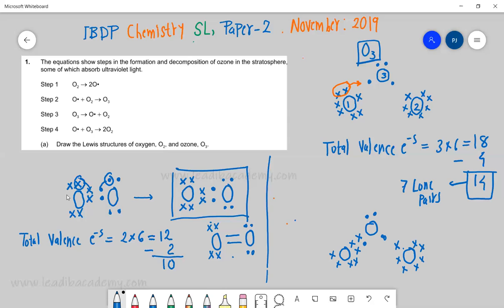Now just see whether each atom has its octet. Let me put a dot.